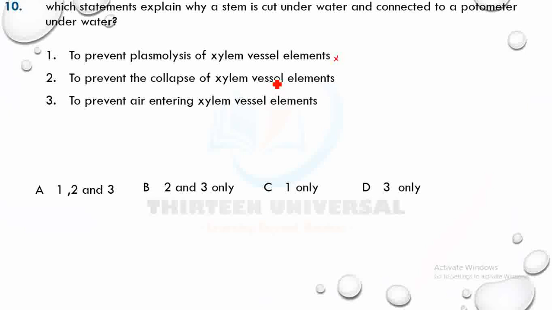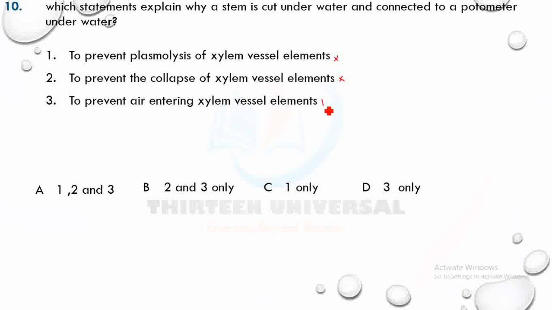To prevent the collapse of xylem vessel elements. Xylem vessel elements do not collapse because they have lignin. They have a lignified wall. Number 3 says to prevent air entering xylem.